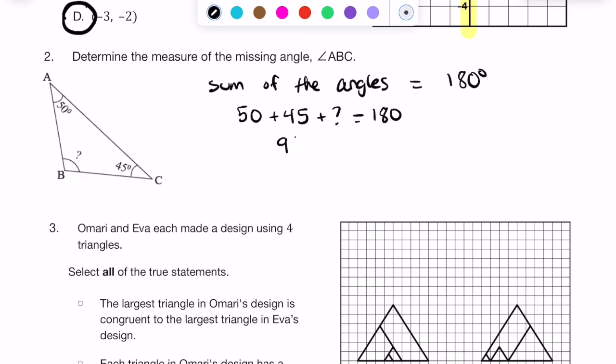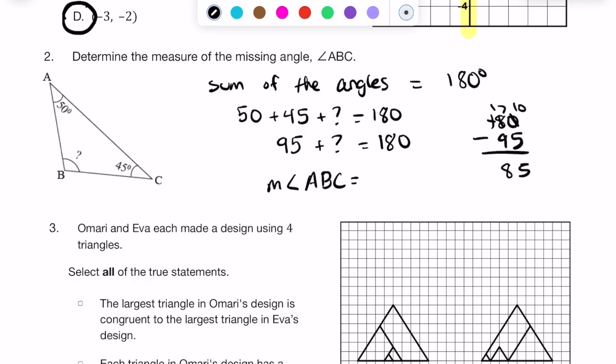So you can write this out lots of different ways. 95 plus question mark is 180. So we just need to subtract. When we do this, we're going to get 85 degrees. So the measure of angle ABC has to be equal to 85 degrees. You don't have to set it up like this. You just ultimately have to add 45 and 50 together and subtract them from 180 to get this missing angle.